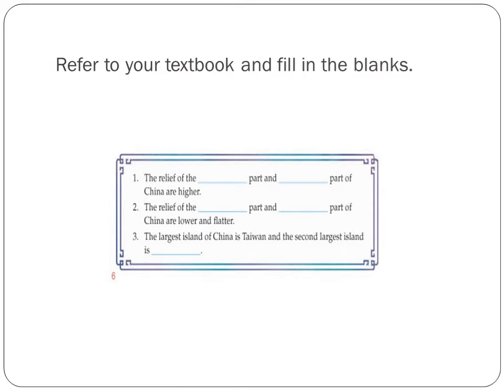Okay, after looking at the relief map or the terrain map of China, we should be able to do this part by ourselves. Now, a terrain map highlights different landforms in a particular region, and the presence of different landforms gives us an idea whether it's a highland, a lowland, a flat plain, or a volcanic region.